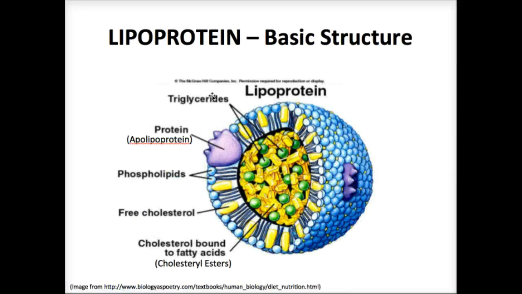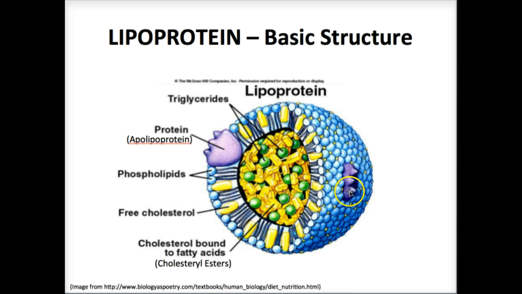Okay, so what is a lipoprotein carrier that we keep hearing about? Well, there are four major types of lipoproteins: chylomicrons, VLDL, LDL, and HDL. And here on this slide, we can see a basic, generic structure of a lipoprotein, which is basically a complex, often referred to as a particle, of lipids and proteins, where you have a core of lipids inside, and that core of lipids is encased by a phospholipid membrane out here, and that membrane is interspersed with proteins.